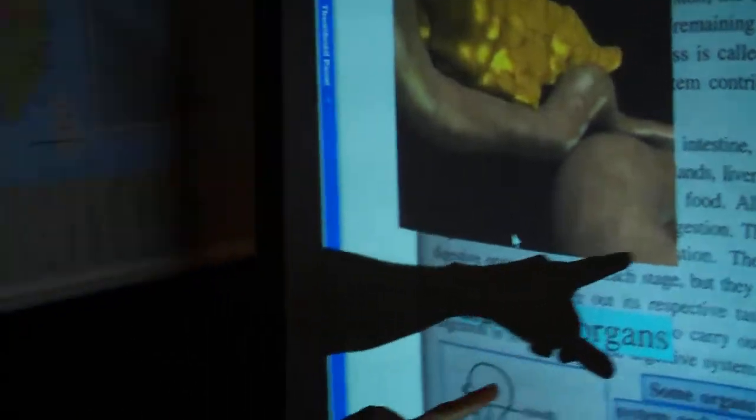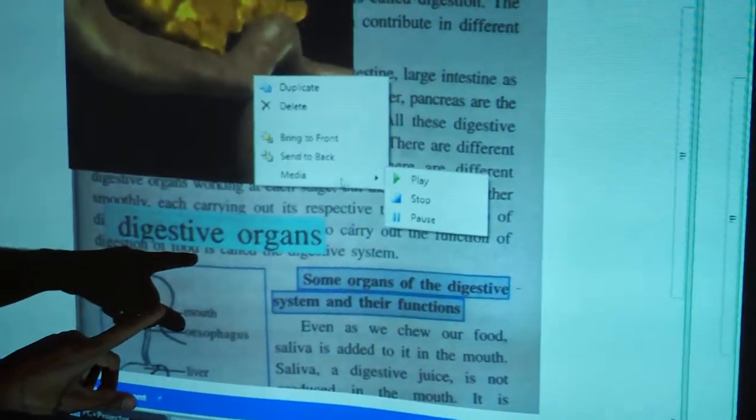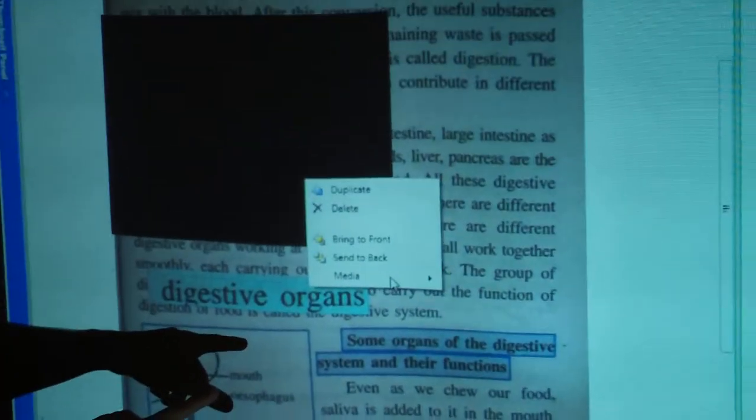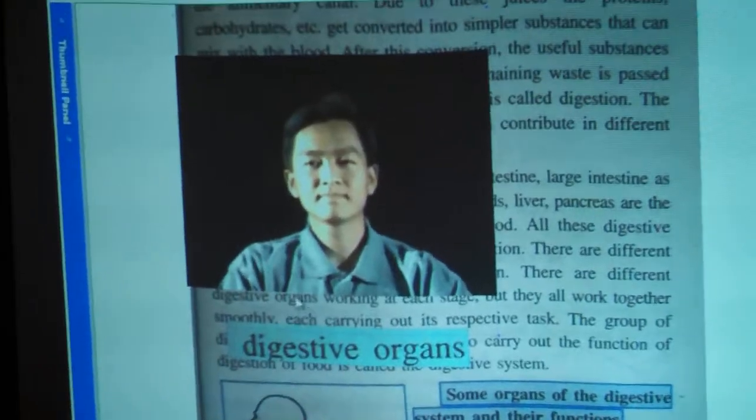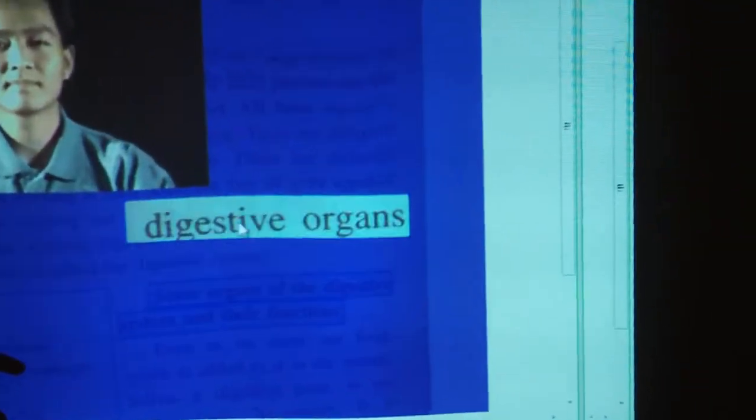Is there a demo you can do of the tech? So this is what it looks like. You have a textbook page, and on top of that you have a video playing. The teacher has picked out some region which is of interest.